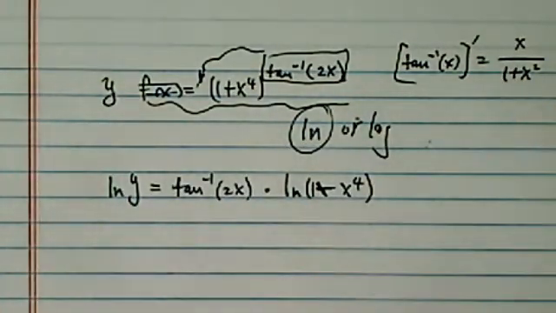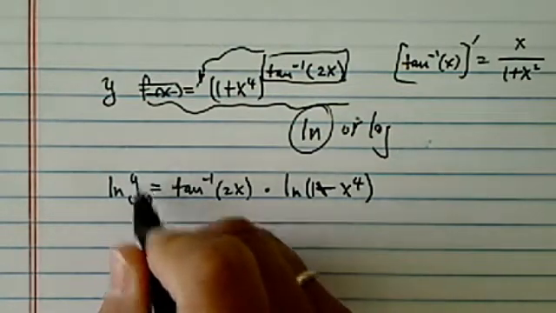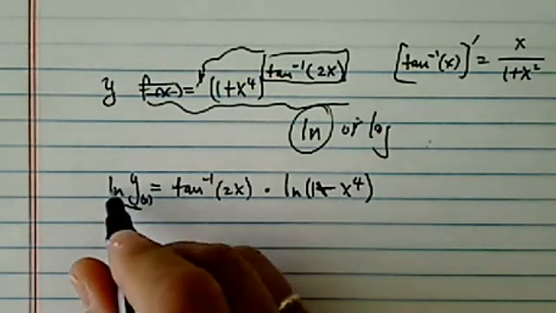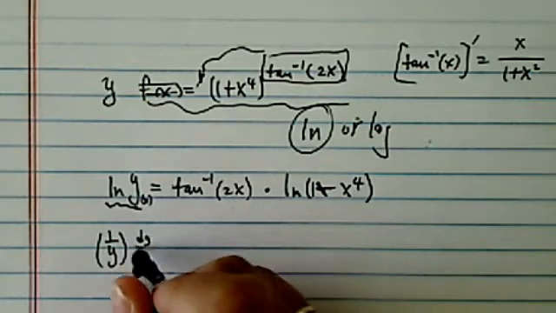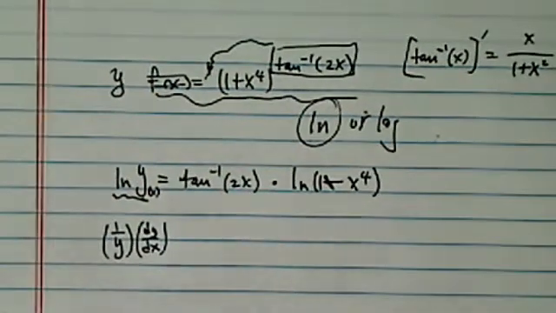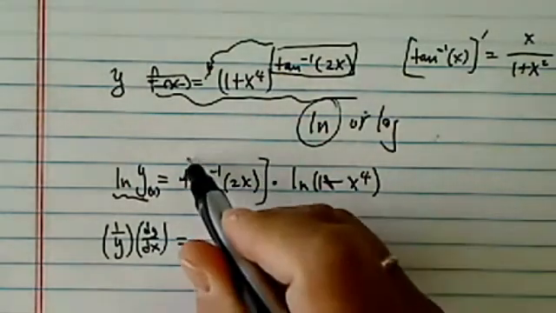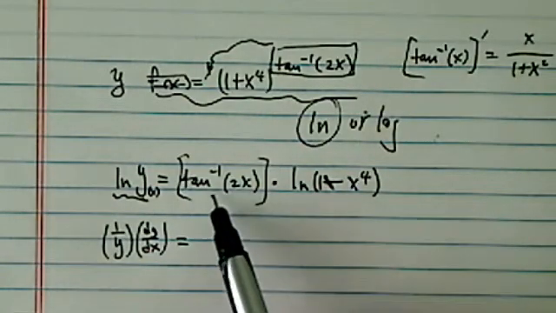It's a little bit of implicit differentiation in that we know y is a function of x. So take the derivative of natural log of y, that's 1 over y. But we do have to do dy dx because it's implicit differentiation in that y is a function of x. This one is equal to, now this side we're going to be using the product rule first.